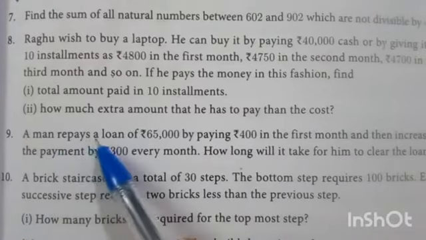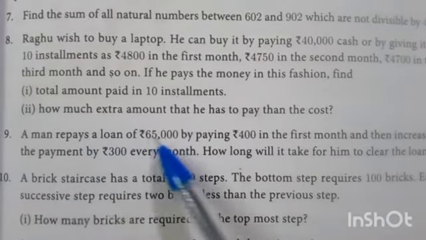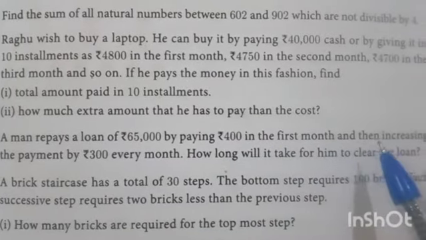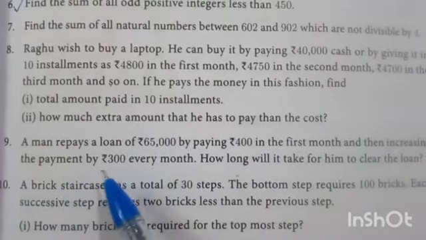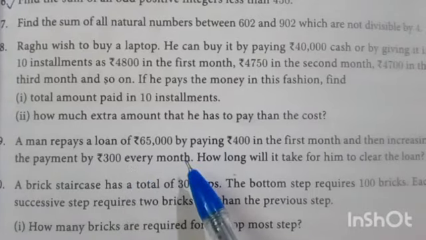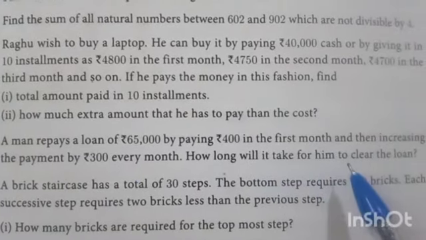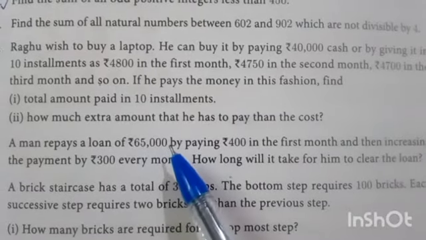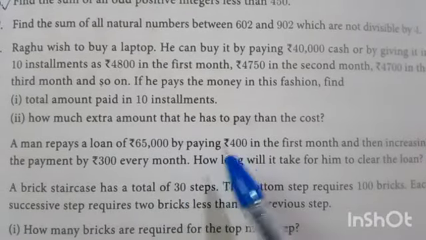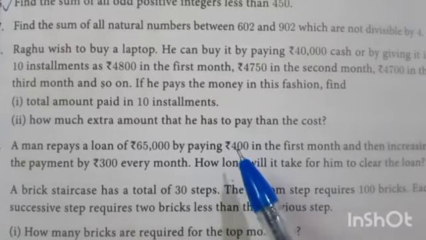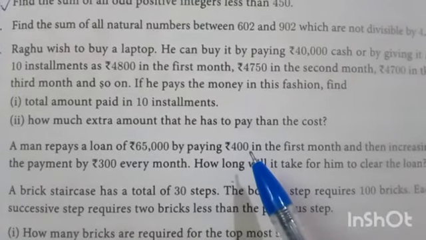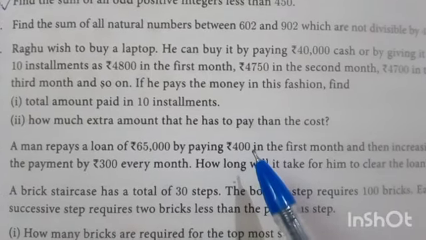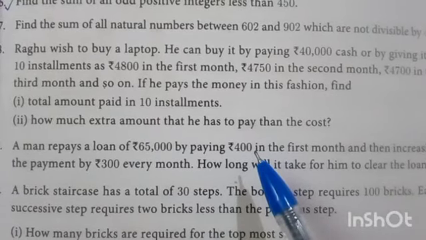Ninth question, a man repays a loan of rupees 65,000 by paying rupees 400 in the first month and then increasing the payment by rupees 300 every month. How long will it take for him to clear the loan? The loan amount is rupees 65,000. In the first month he pays rupees 400, and every month it is increased by 300.